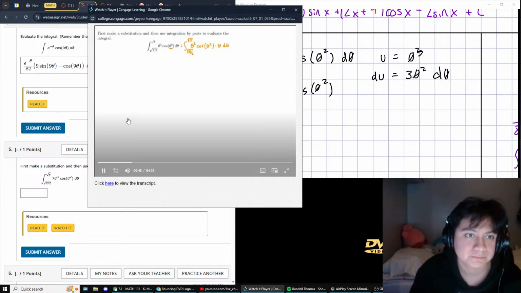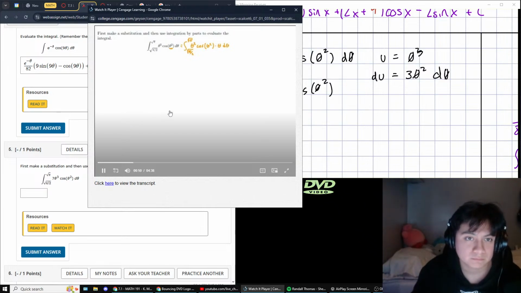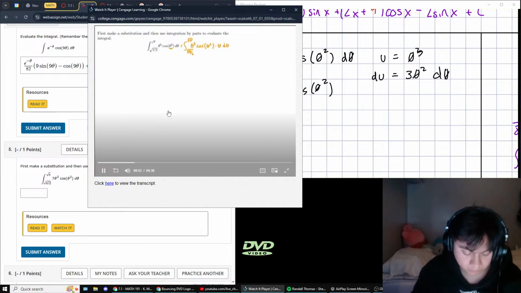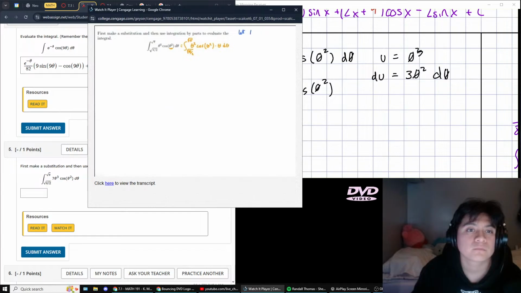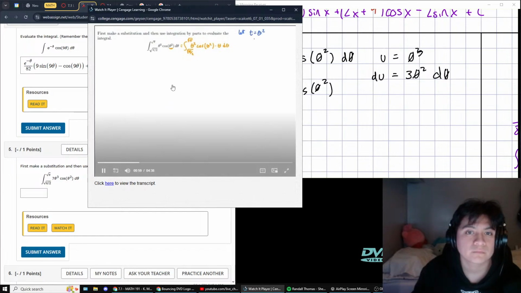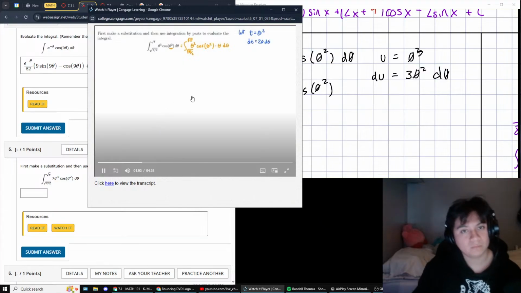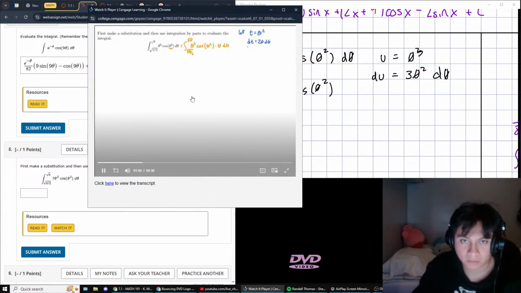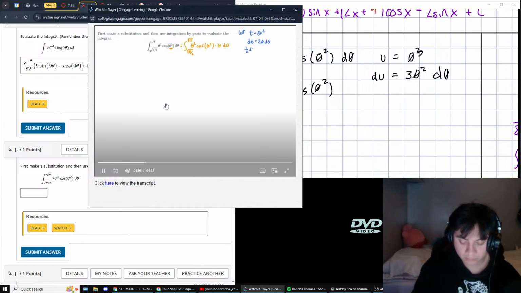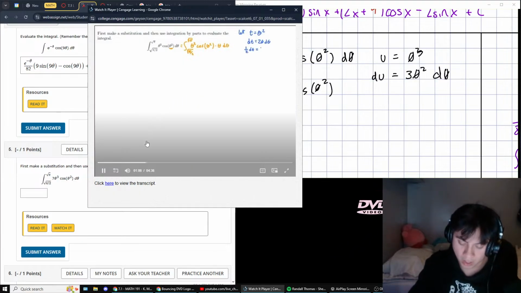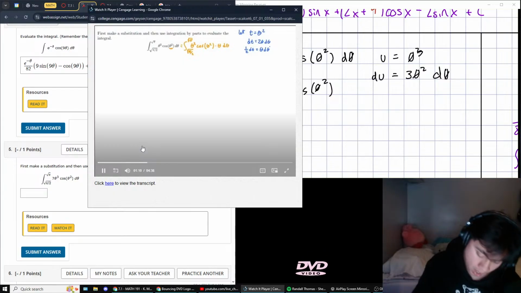For theta squared, theta d theta will be there, and the other theta squared will also be replaced with my variable. Okay, so let's let t be theta squared, and dt is 2 theta d theta. So 1/2 dt equals theta d theta.